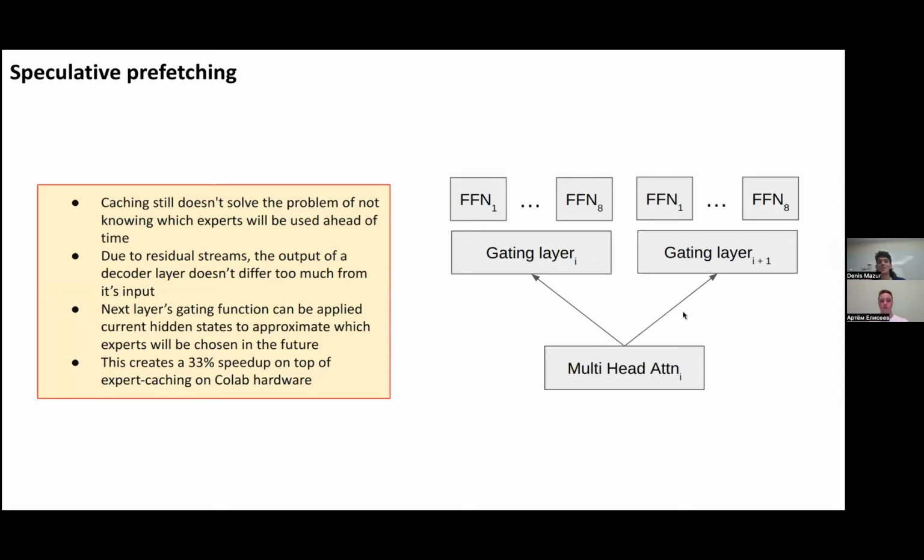But you can also speculatively feed those outputs to the (i+1)th gating layer and speculatively load some experts into memory. And they are loaded while you're doing the computations. So those overlap, and you save quite a bit of time doing that.